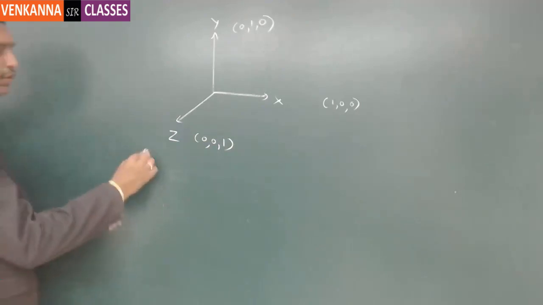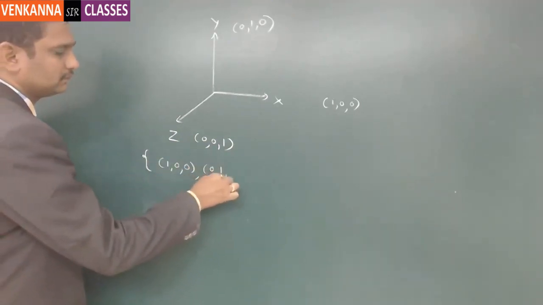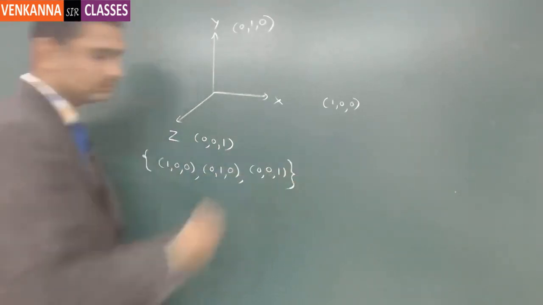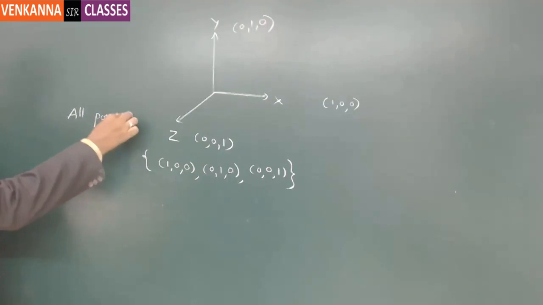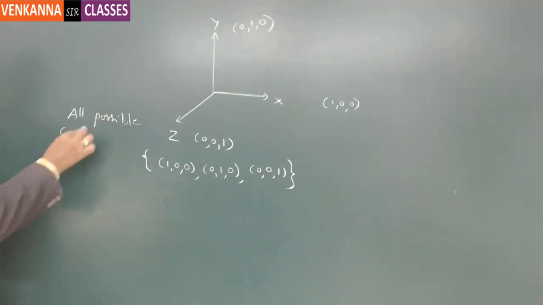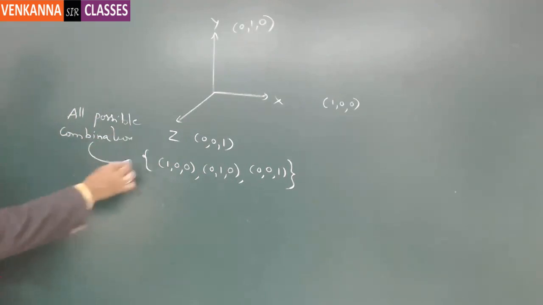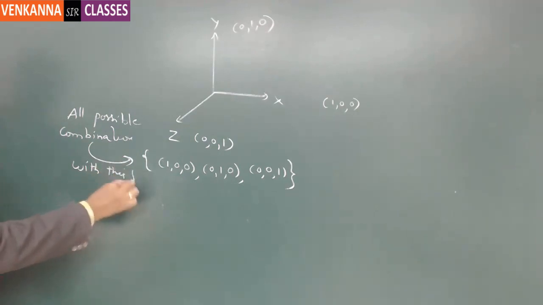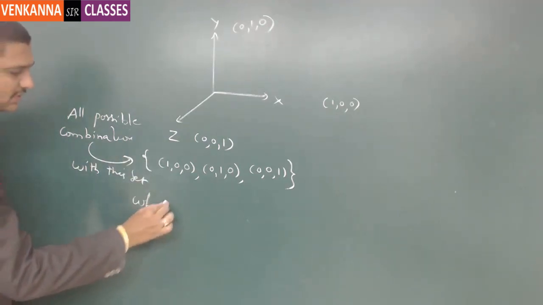So, if you write the three vectors together, if you write all possible combinations with this set, you will get whole 3D space.